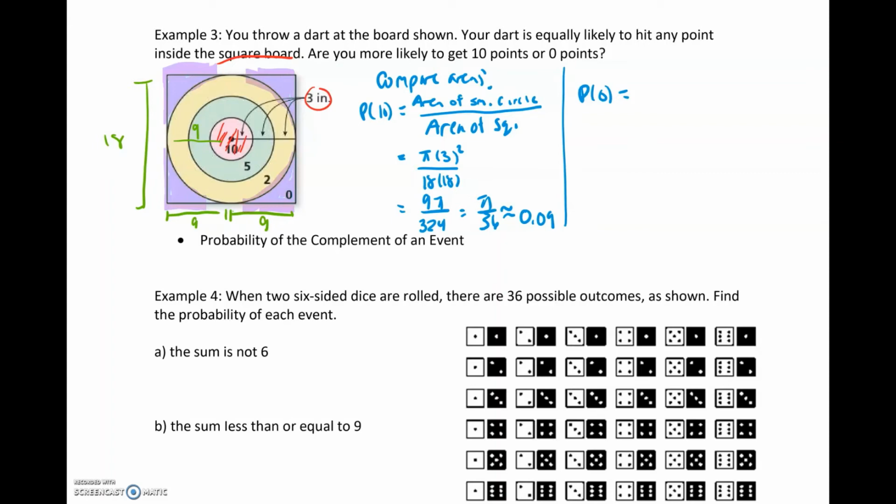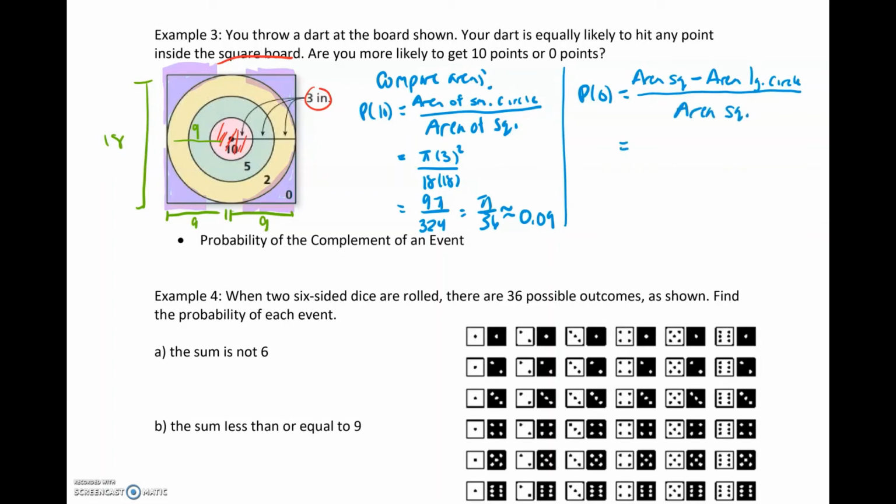So I'm going to take the area of the square minus the area of the larger circle, right? Because if I take the area of the square and take away that yellow circle, what's left over is just going to be those corners. And that's how we can get the exact area without worrying about how do we deal with those curves. And again, we're still doing it over the entire dartboard, which is the area of the square.